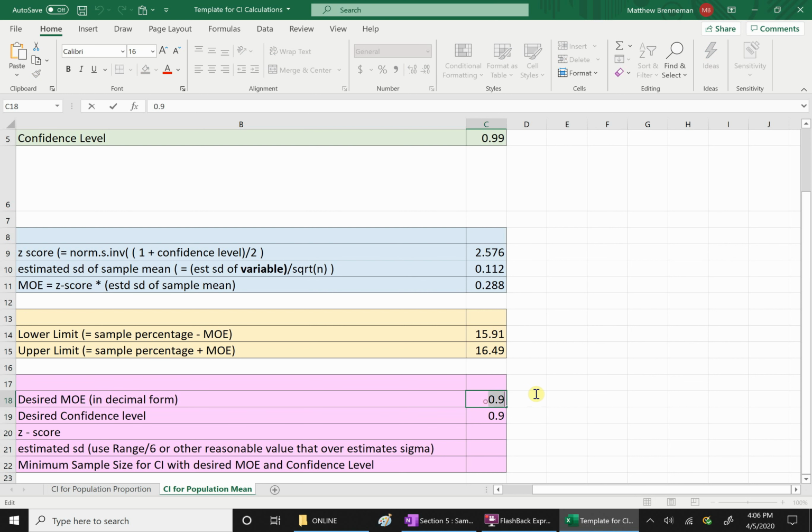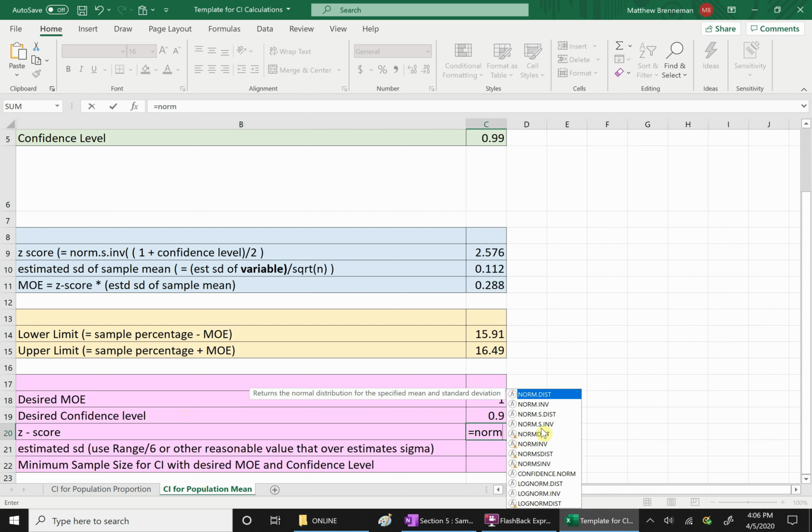Sorry, never mind. This statement right here is irrelevant. I don't have to worry about converting the margin of error because margin of error is a physical measurement. It's not a percentage. So I wanted a margin of error of 1 inch, 90% confidence interval. So I know what my z-score is going to be, right?